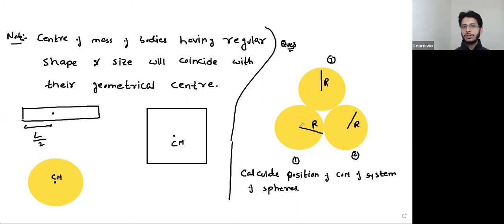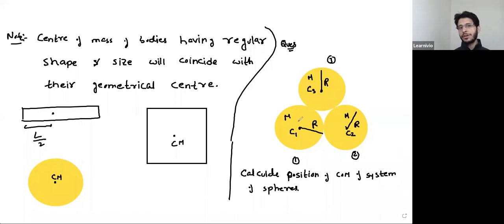So first of all, you will calculate the center of mass of the individual spheres. And where is the center of mass of a sphere? At the center. This is the center of mass of the first sphere, this of the second, and this of the third. All spheres are identical, their masses are m.